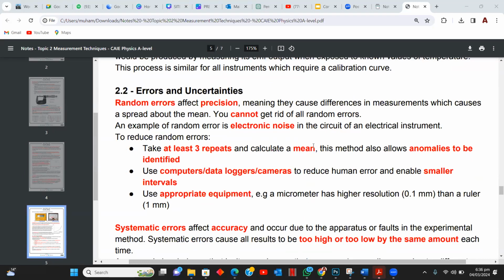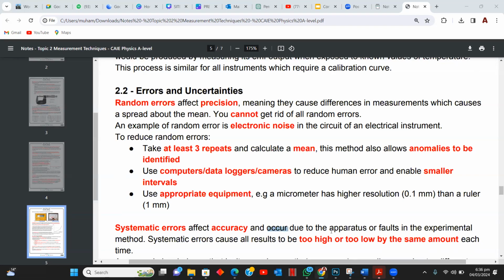This next bit about errors and uncertainties is again about the errors in measurements, because whatever measurement you take, there is always a chance of error, either systematic errors or random errors. Systematic errors are errors that are due to the fault of apparatus.